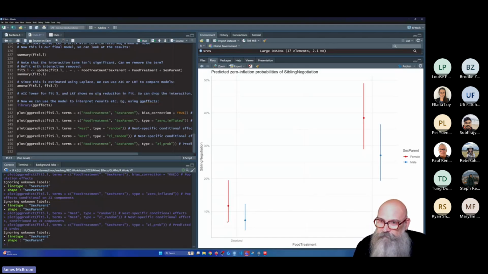Clearly, being in a food deprived nest state is what's primarily generating the extra zeros. And then in the satiated state, you've got a much higher probability of being in the normal Poisson counts. I might have screwed that up actually. My brain's gone to mush at the moment. I'm sorry about that. But if I've made a mistake, I'll let you know. But I think I'm right.